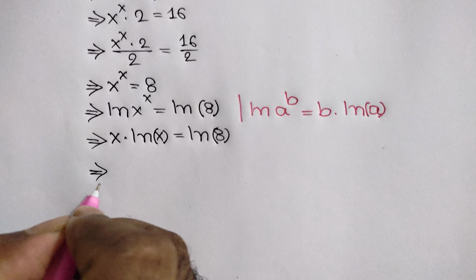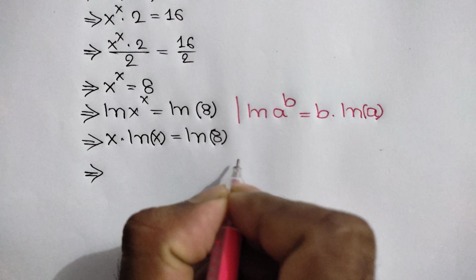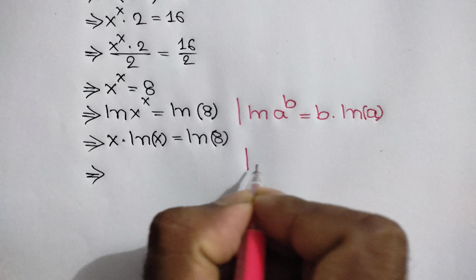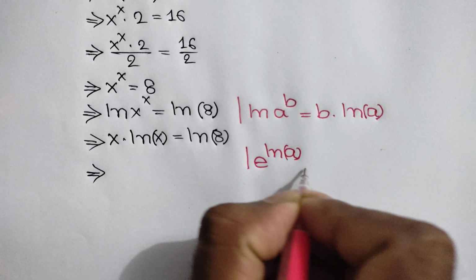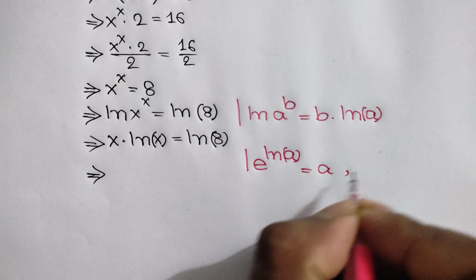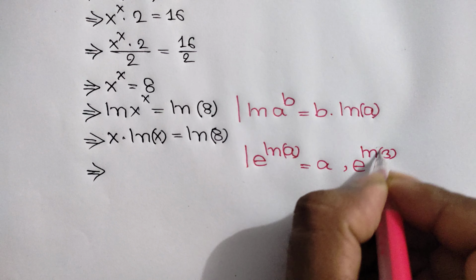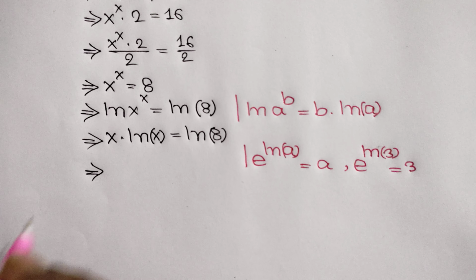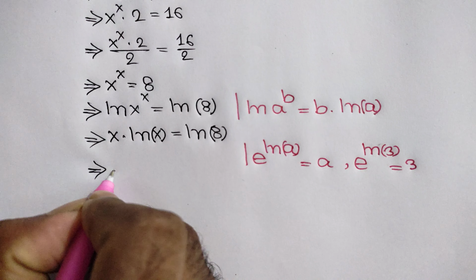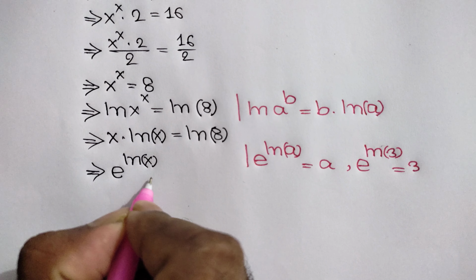Now we know that e to the power ln of a is equal to a. Example, e to the power ln of 3 is equal to 3. So this x can be written as e to the power ln of x.